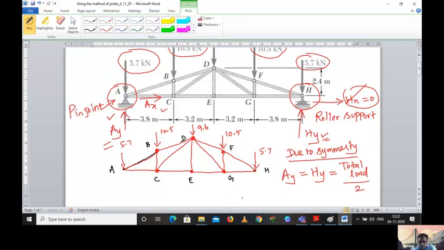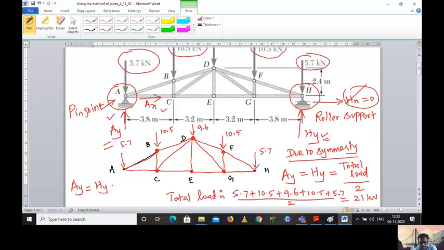The total load is 5.7 plus 10.5 plus 9.6 plus 10.5 plus 5.7, and divided by 2, you will get 21 kilonewton. Based on that, AY, the vertical reaction, and the reaction at point H along vertical are equal to 21 kilonewton. This is our first finding.